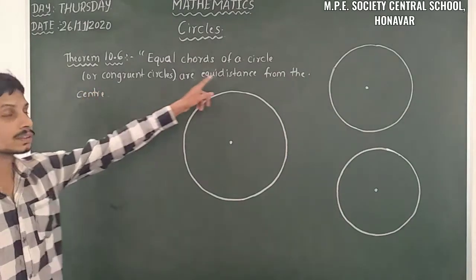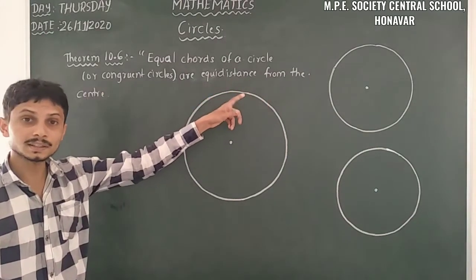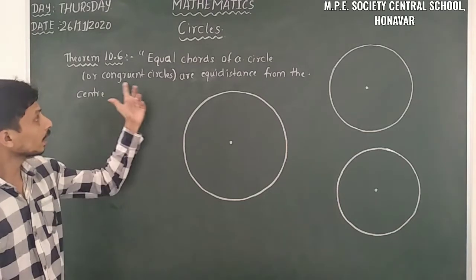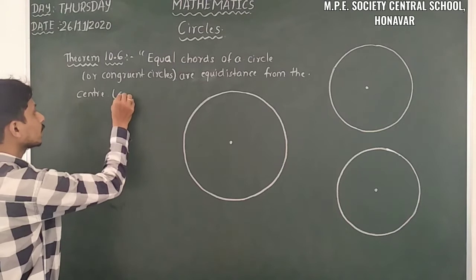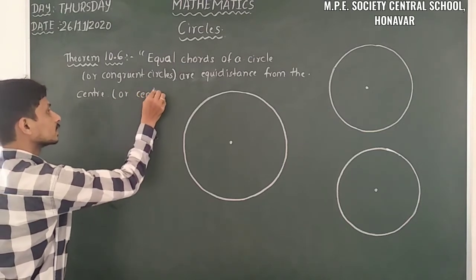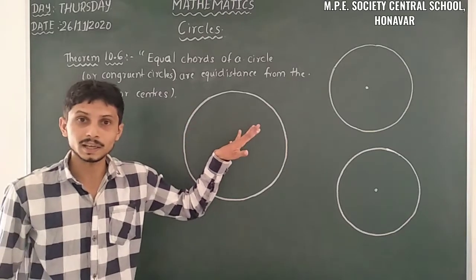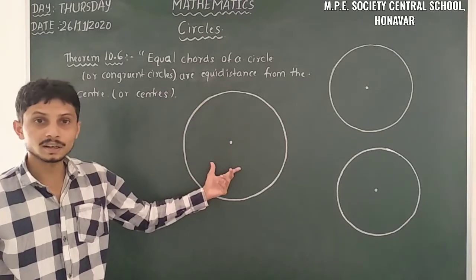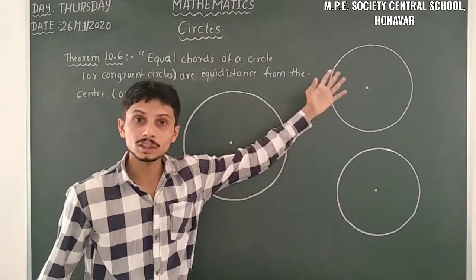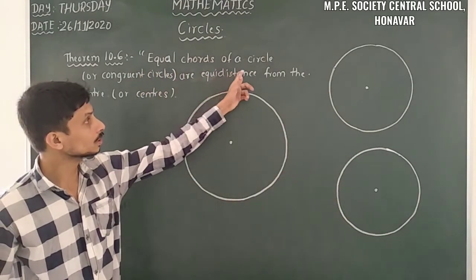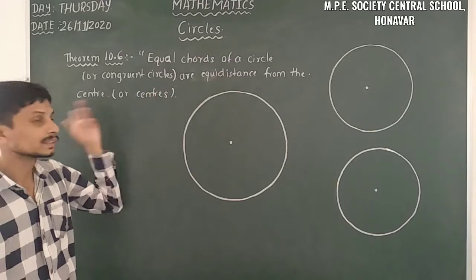In case of a single circle, we can express it as center. But when we have congruent circles, we have to take all centers. So here there are two statements. One is based on a single circle, another one is based on congruent circles. When we have a single circle, equal chords of a circle are equidistant from the center.